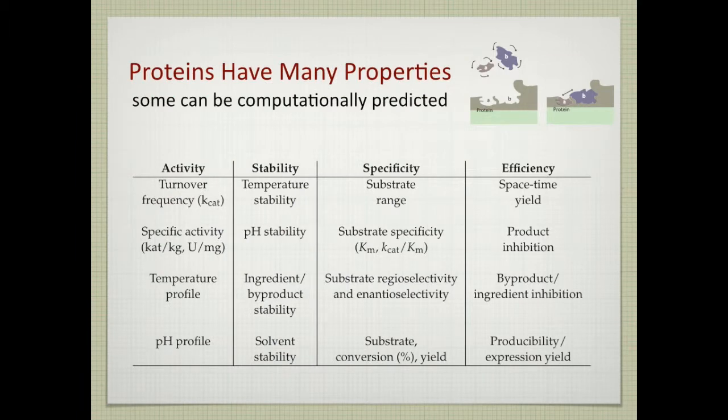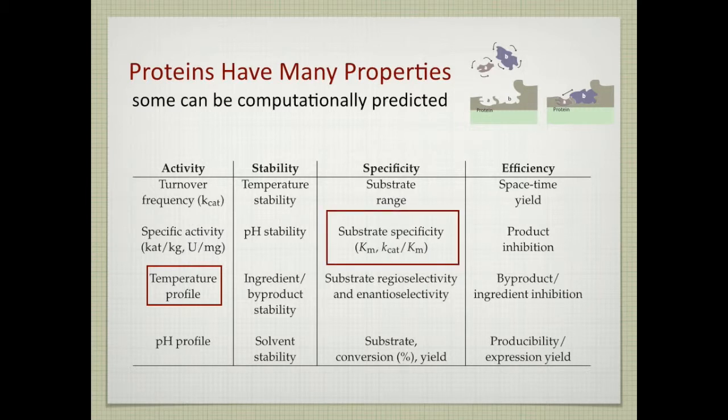So based on the structures of protein, you can estimate or try to compute some of their properties. There are, of course, many properties of protein. Some are hard to compute, some are easier to compute. Probably none of them is easy to compute, but some of them are computable. One of the properties that can be computed to a certain extent is the thermal stability of a protein.